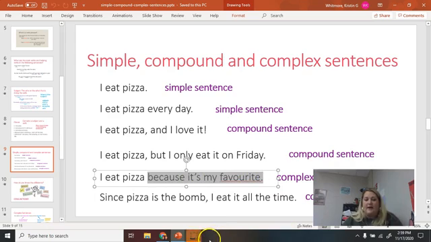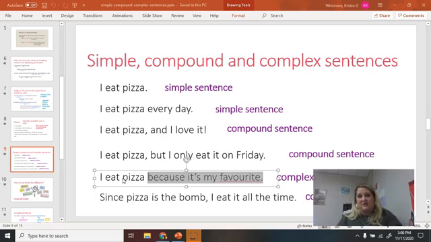You can't say because it's my favorite and someone know what you're talking about. That doesn't make sense. So that is why this sentence is complex. We have what we call an independent clause. Remember, those of you that are independent, you don't need anybody's help. You got this. Even if you don't, you believe you've got this. And so it can stand alone. It does its job by itself.